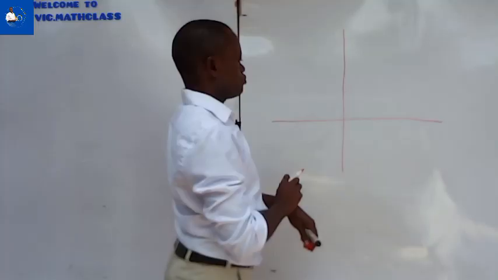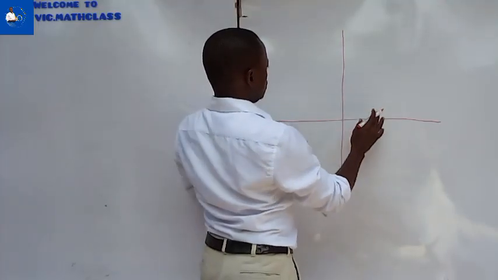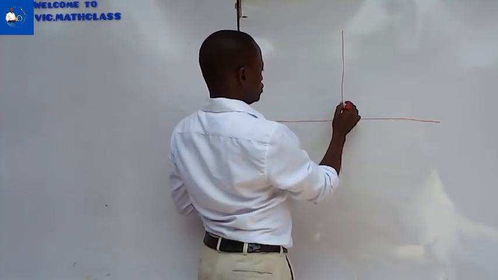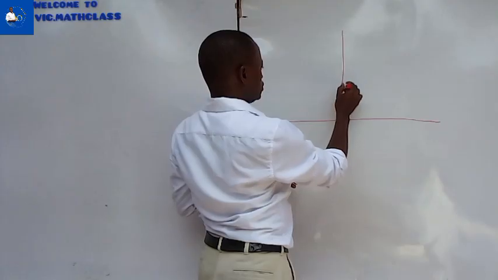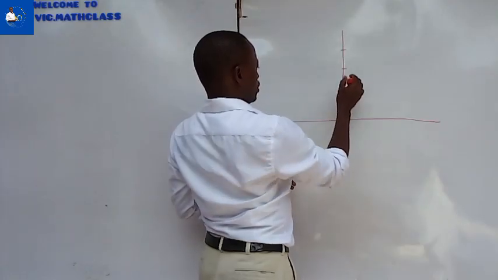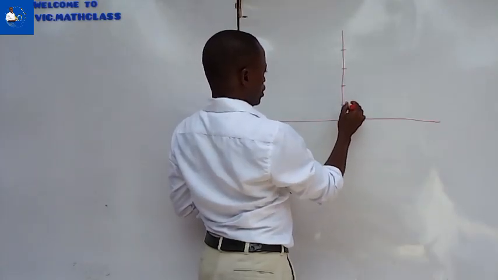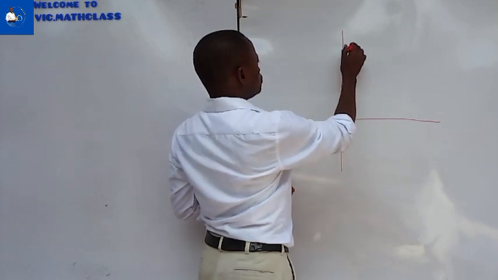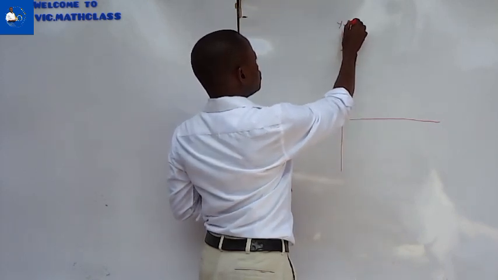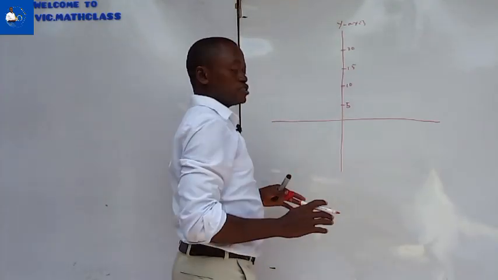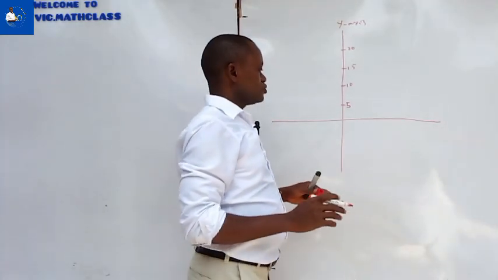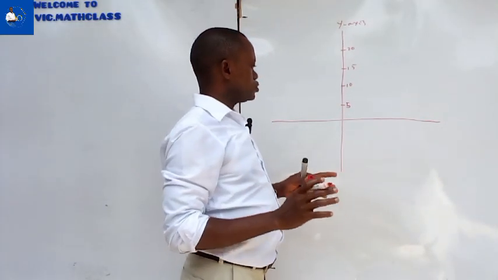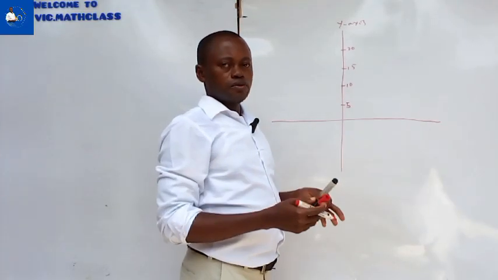Now in graduating this axis, assuming I take a graduation like this, and I give this 5 units, 10, 15, 20. I'm just trying to give us a breakdown, and we need this breakdown because it's going to help us in the classes we are going to be doing.